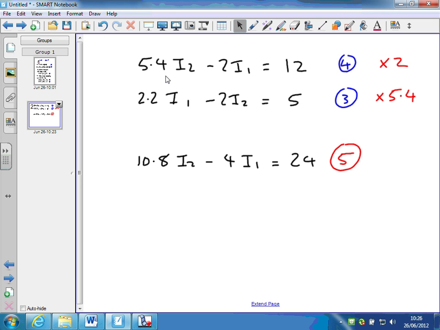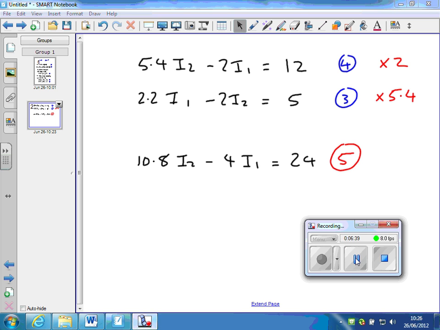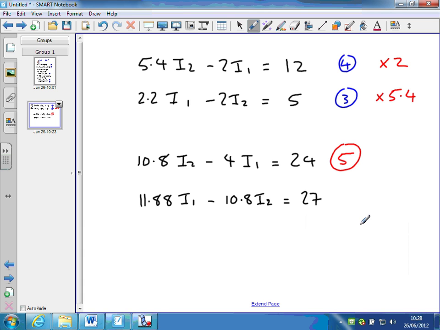Multiplying equation 3 by 5.4, I get 11.88 I1 minus 10.8 I2 equals 27. Let's call that equation number 6. And now you can see that I2 is the same in both equations. So now I can eliminate. Notice one's positive and one's negative.